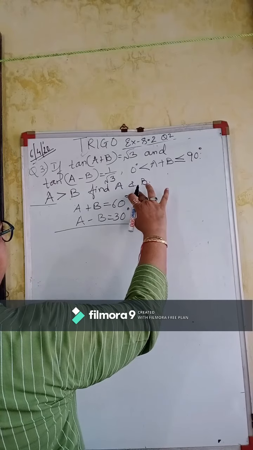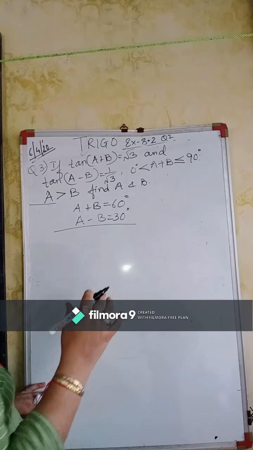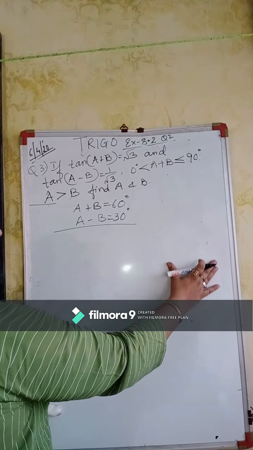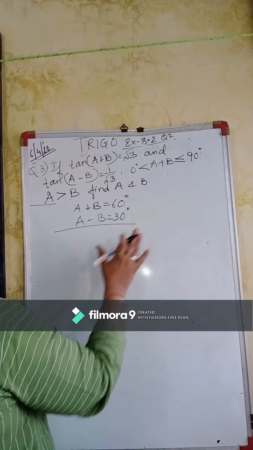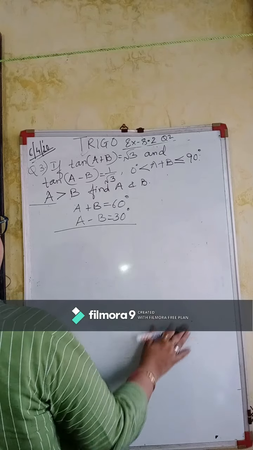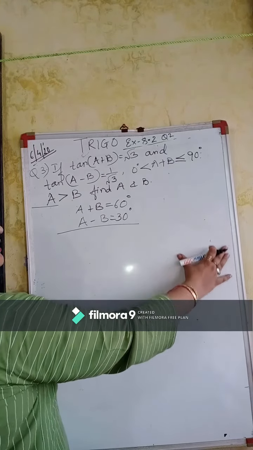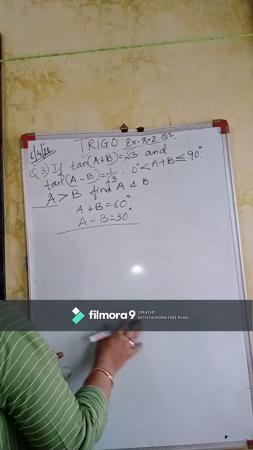So you have to remember the table, or else whenever you are sitting for calculation, just write the table nearby. Even in the exam paper, you have to write the table in the rough work.